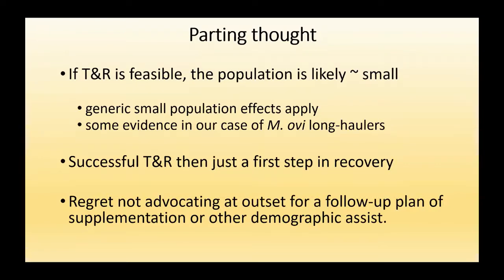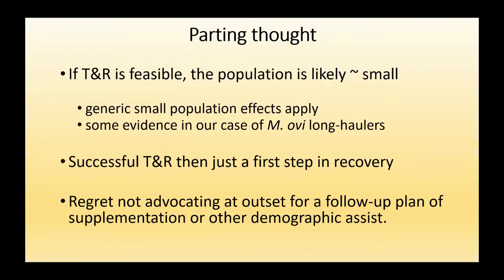But there are these 2 weights on the back of this population, meaning that successful test and remove is just the first step in recovery. And it may be the easiest step.